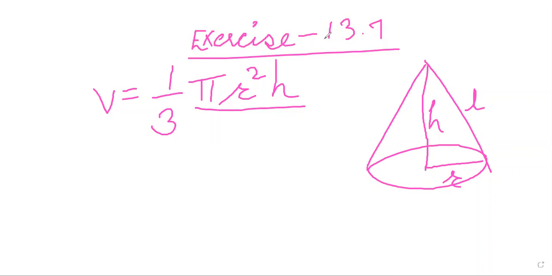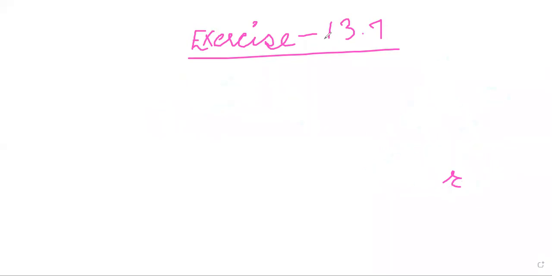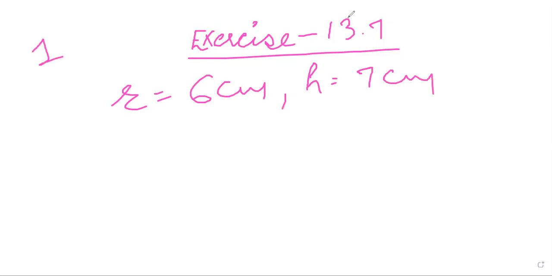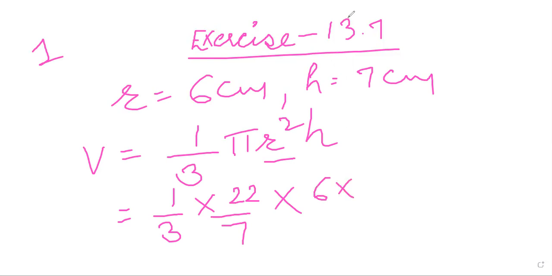Now the first question: you are given the radius and height, and you are to find out the volume. So in the first part, the radius is given as 6 centimeter and the height is given as 7 centimeter. You will use the formula 1 by 3 pi r square h, which is equal to 1 by 3 into 22 upon 7 into 6 into 6, and the height is 7.